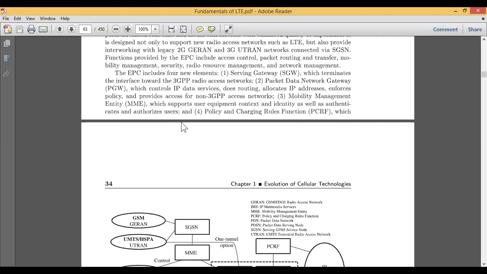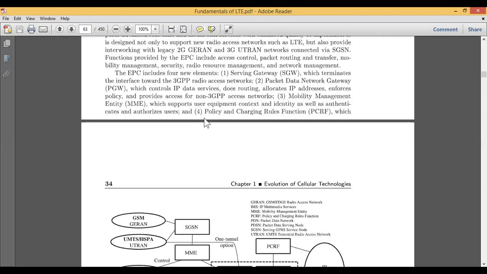If you look in detail at your phones, there are some certificates already installed. If you don't have those certificates, it is very difficult for the users to access the network. So if authentication and authorization are required, then this particular entity will support it in LTE.